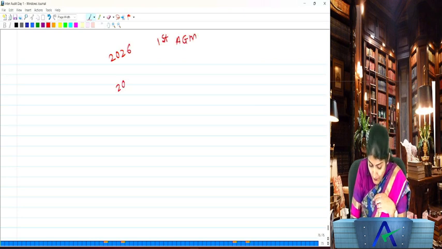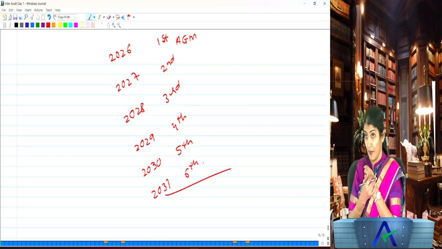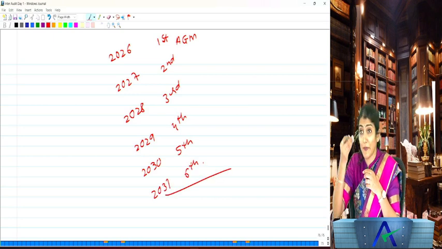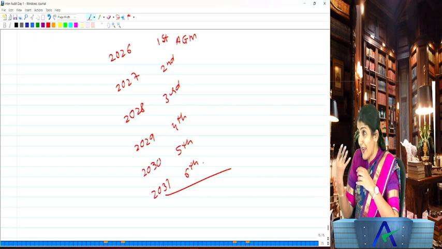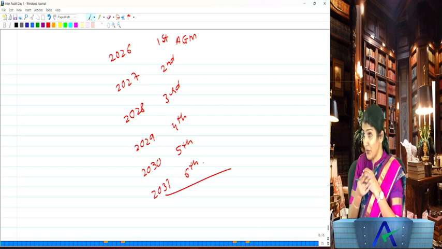Okay, now 2027, second AGM. Then 2028 is going to be the third AGM. 2029 is going to be the fourth AGM. 2030, fifth AGM. And 2031 is going to be the sixth AGM. After 5 years, the company law will only remove me, because I cannot do the audit for more than 5 years. But up to 5 years, can I do the audit?